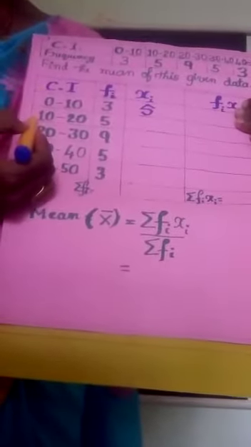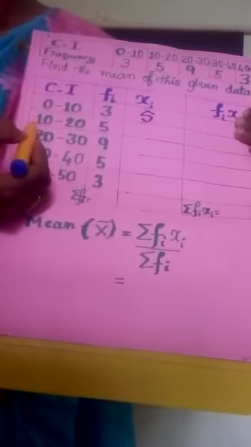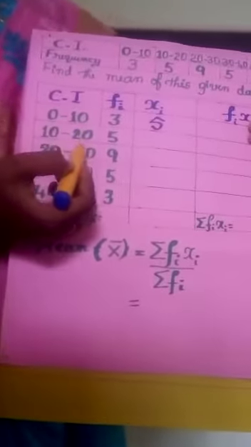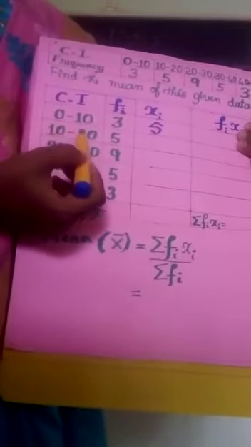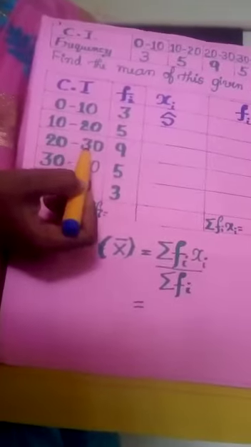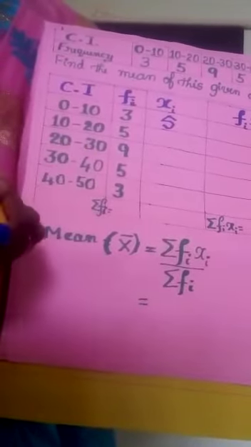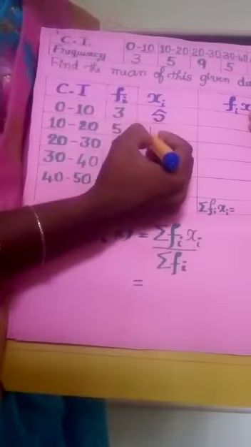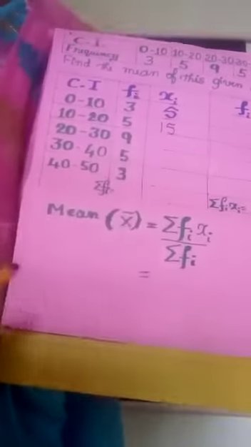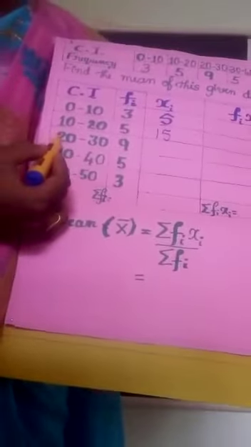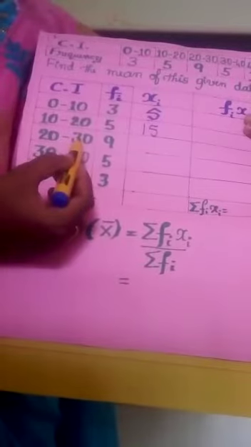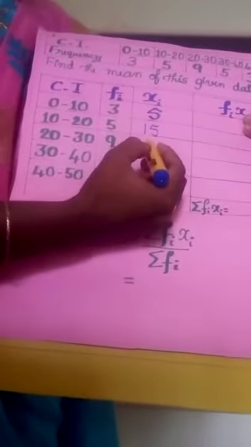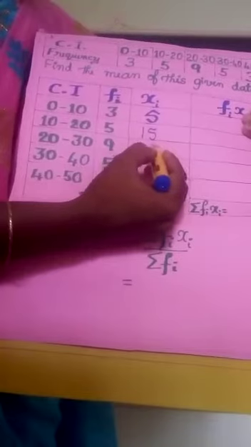Next, in the same way, 10 is the lower limit, 20 is the upper limit. I'll add these two numbers, 10 plus 20, 30. 30 divided by 2 is 15. Next one, 20 to 30. 20 plus 30, 50. 50 divided by 2, 25.